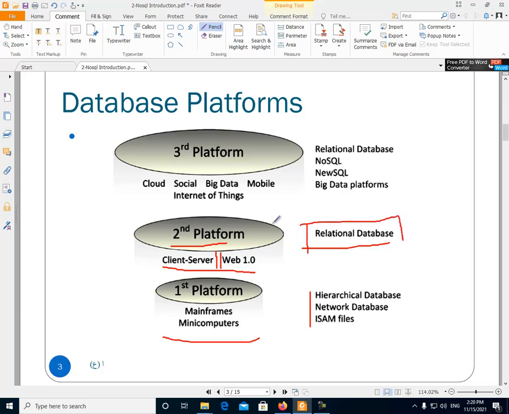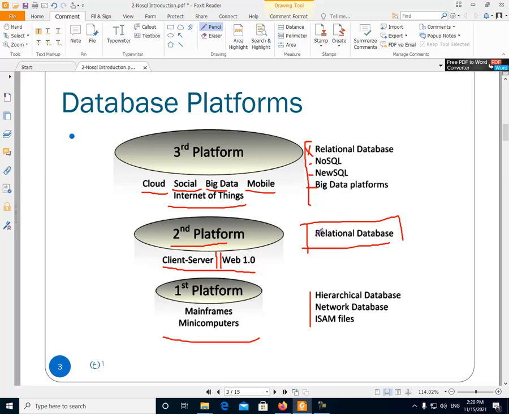And the third platform is the situation that we have right now. It is cloud computing, social networks, big data, mobile data, IoT. In these platforms, the relational database is still working in some of these. Then there are the NoSQL, the NewSQL, and the big data platforms.